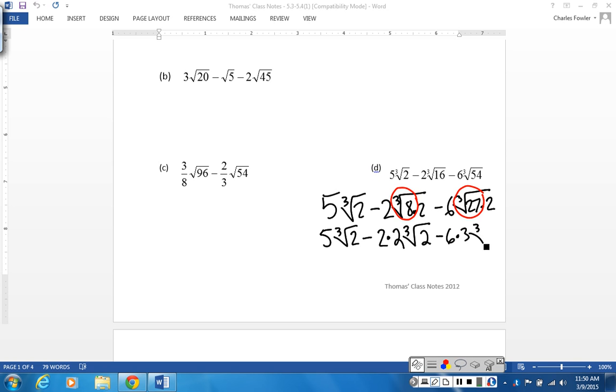And you still have the cube root of 2 left. So that's 5 cube root of 2 minus 2 times 2 is 4 cube root of 2 minus 6 times 3 is 18 times the cube root of 2. 5 minus 4 is 1. 1 minus 18 is negative 17 cube root of 2.